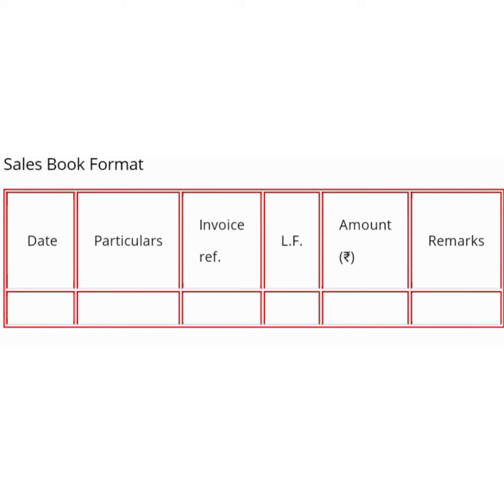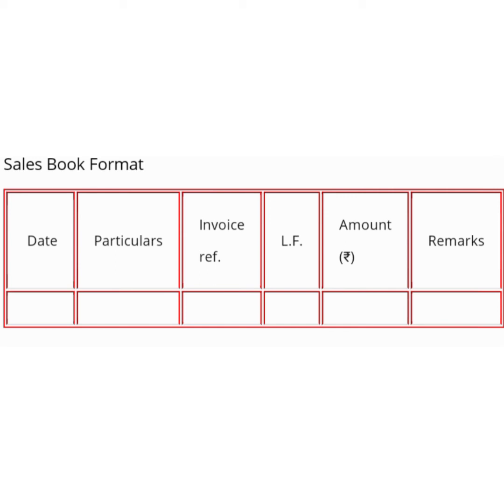The column will also record the amount of sales even if only one item has been sold and trade discount is allowed. This column is used for addition and subtraction. The last column is the amount column. The amount column records the net total amount of sales to every party.